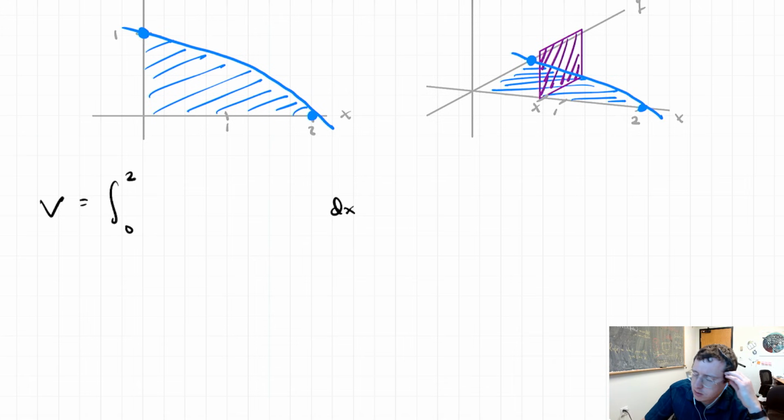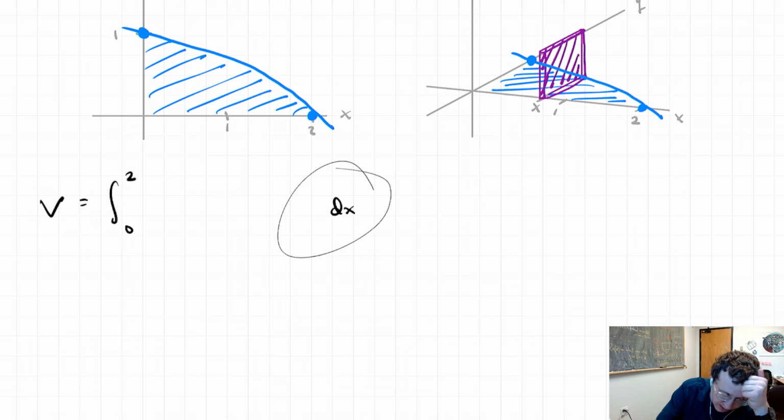Let's say rectangular prism. If I draw the full prism here to make it look 3D, the thickness is dx, and I've already got the dx there.